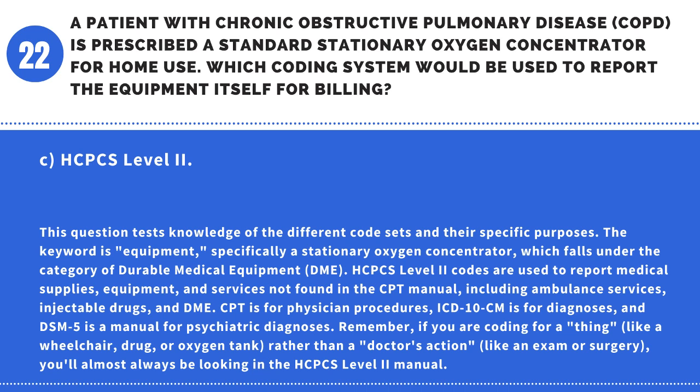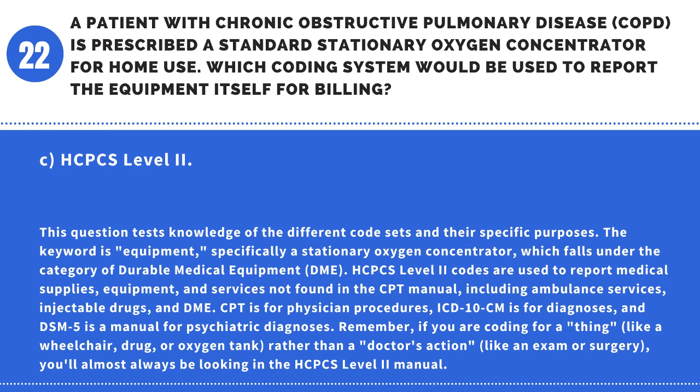This question tests knowledge of the different code sets and their specific purposes. The keyword is equipment, specifically a stationary oxygen concentrator, which falls under the category of durable medical equipment, DME. HCPCS Level 2 codes are used to report medical supplies, equipment, and services not found in the CPT manual, including ambulance services, injectable drugs, and DME.